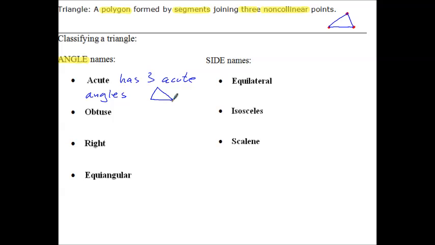An obtuse triangle has 1 obtuse angle. I'll give you an example. Something like this would be considered an obtuse triangle. And a right triangle has 1 right angle.